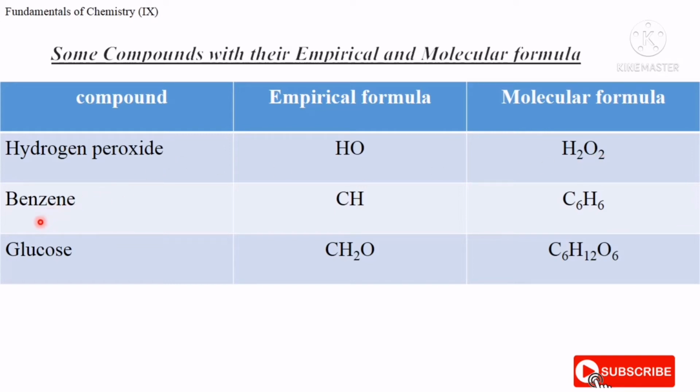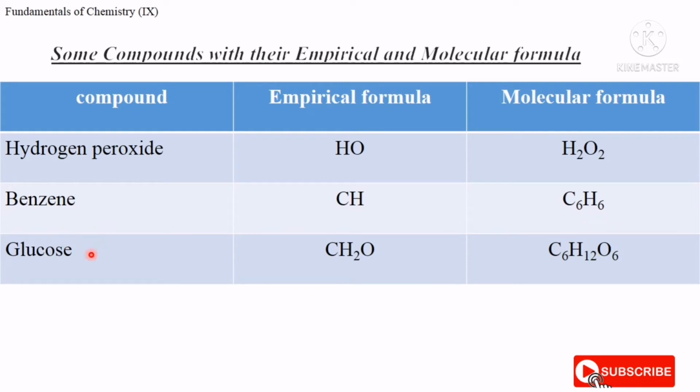In benzene, the empirical formula CH shows the simplest whole number ratio between carbon and hydrogen, 1:1, whereas the molecular formula shows the actual number of carbon atoms and hydrogen atoms in benzene, that is 6.